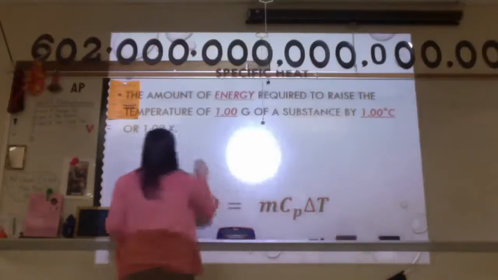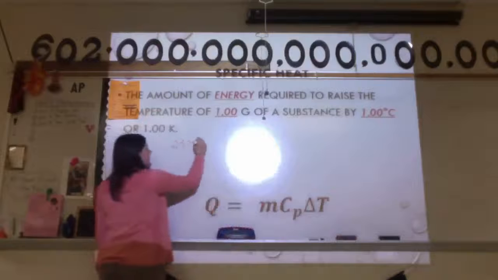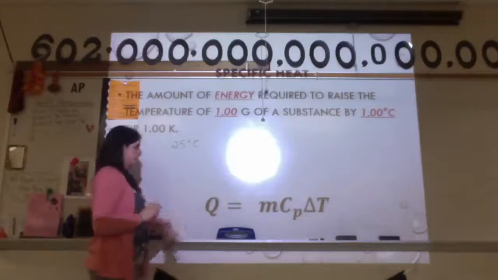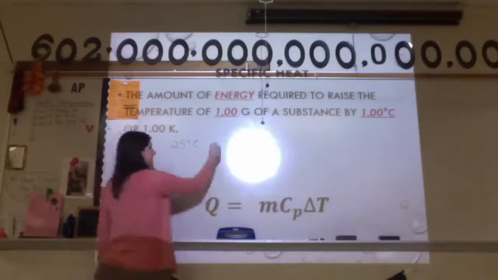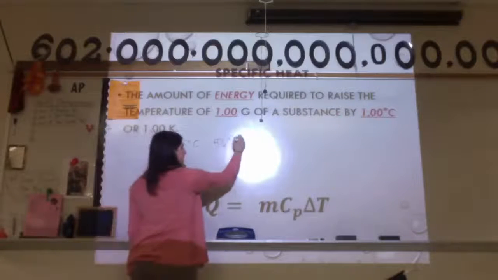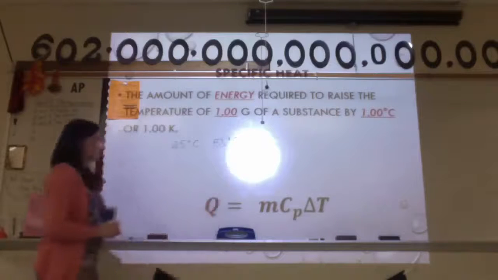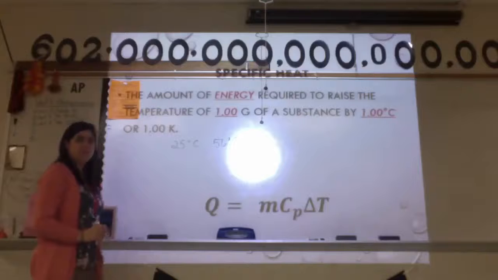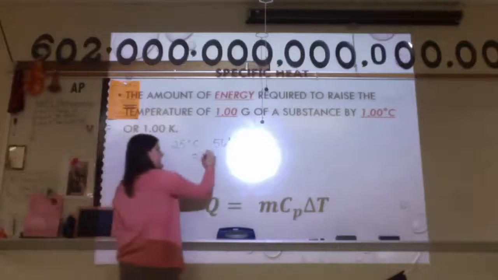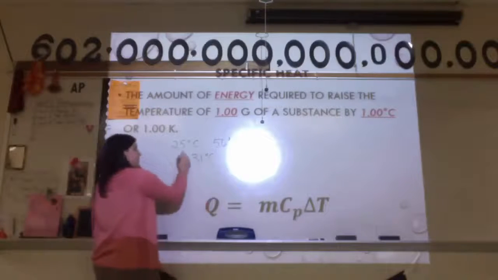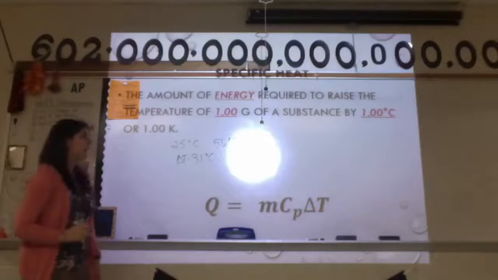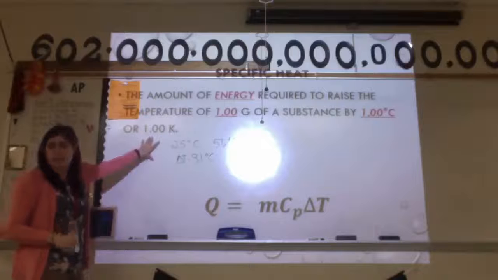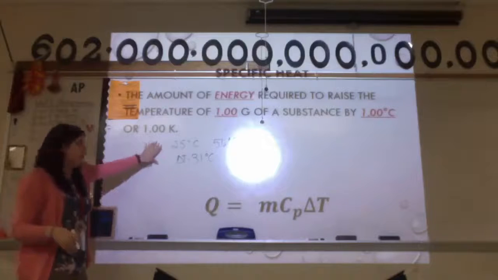So let's take 25 degrees Celsius, and it's going to heat to, I don't know, 56 degrees Celsius. What is 56 minus 25? 31 degrees Celsius. That's the change. Now, if I convert this to Kelvin, how do I convert Celsius to Kelvin? I have to add 273.